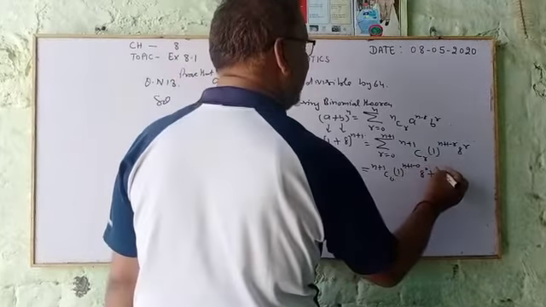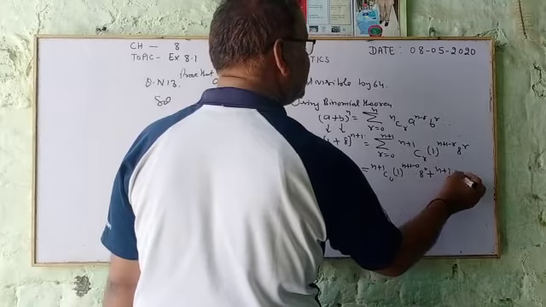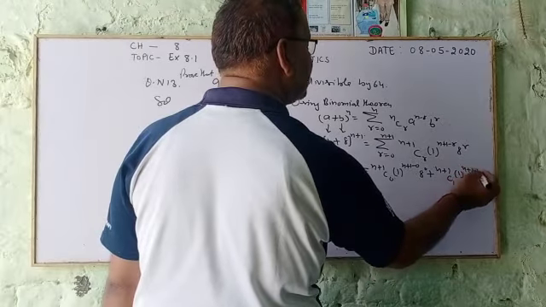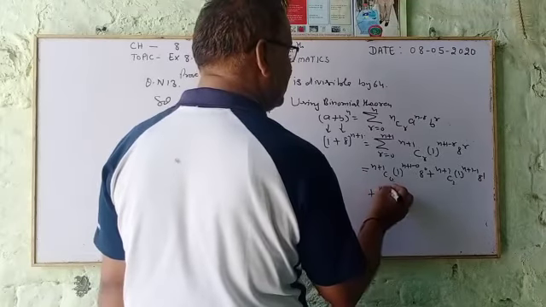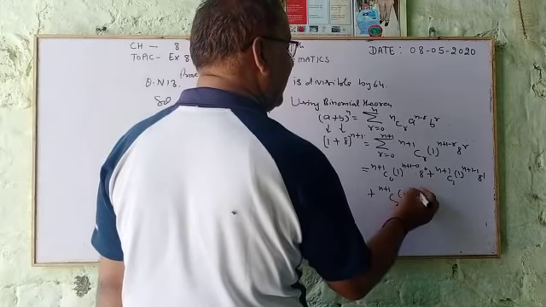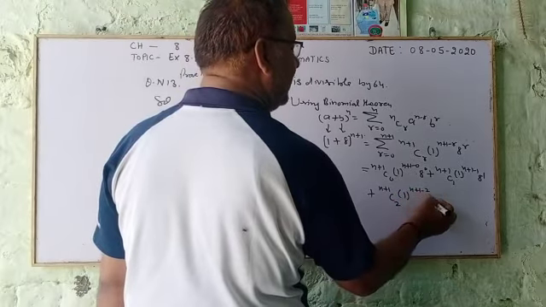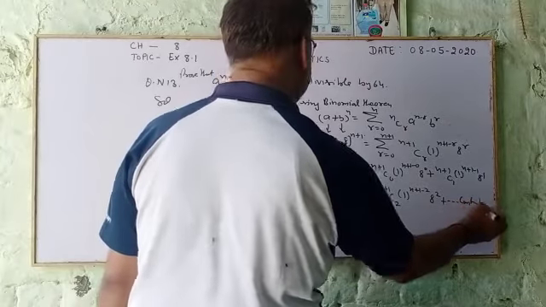plus n plus 1 C1, 1 raised to power n plus 1 minus 1, 8 raised to power 1, and plus n plus 1 C2, 1 raised to power n plus 1 minus 2, 8 raised to power 2, plus remaining terms.